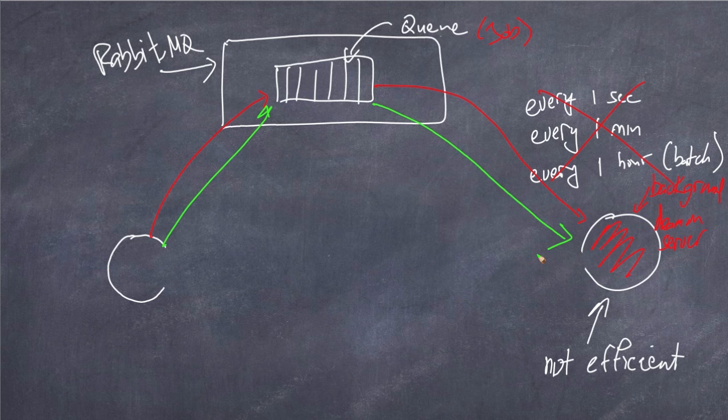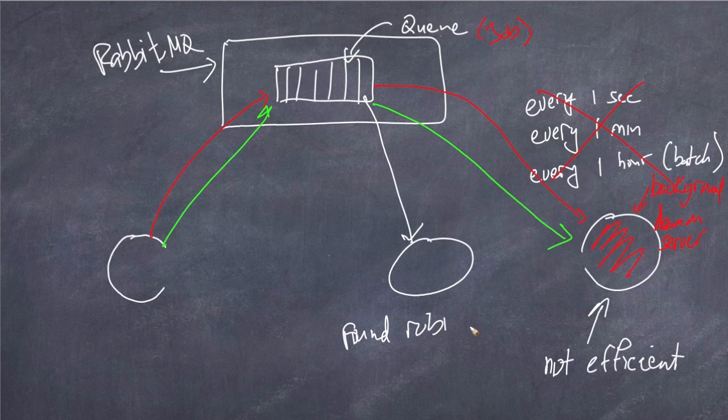The other benefit of using RabbitMQ as a replacement for database polling is that you can use the queue with multiple consumers to have multiple workers. I can add another worker, and that worker will also be a consumer of this queue. Now I can have a round-robin dispatch of messages, so the workers can work in parallel.